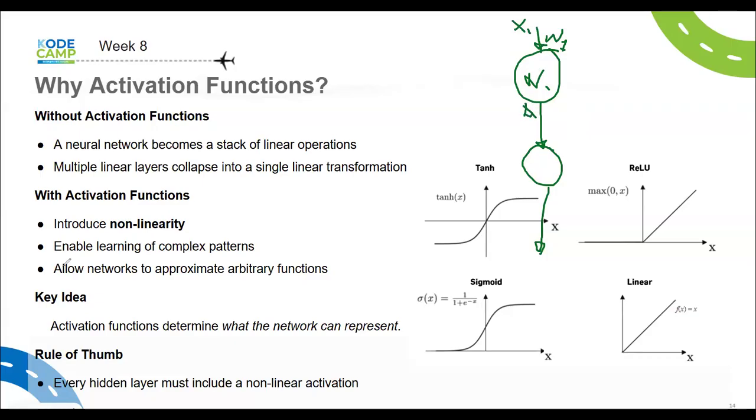I would call it Z1 because it's still the intermediate. But typically in neuron notation, we use A to represent the output or activation, even though technically it's not, since we are looking at a case where there was no activation function. So let me call it Z1.